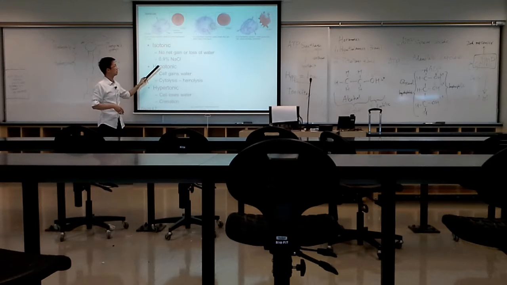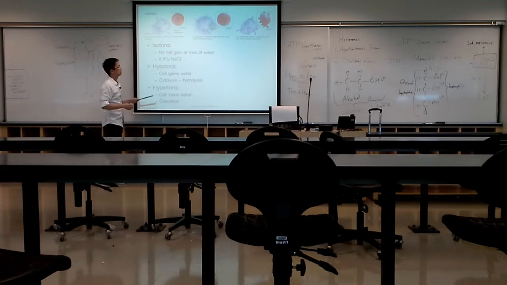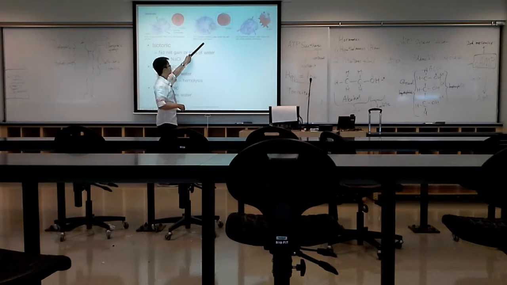then the water will keep going into the cell, because there is a higher concentration of water outside and a lower concentration of water inside. Or you can say we have a higher concentrated solute inside the cell, but a lower concentration of solute outside the cell.